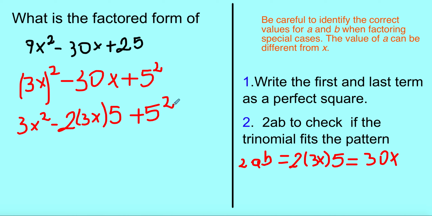As you see in the pattern, the last term is a perfect square, the first term is a perfect square, and the trinomial fits the pattern.